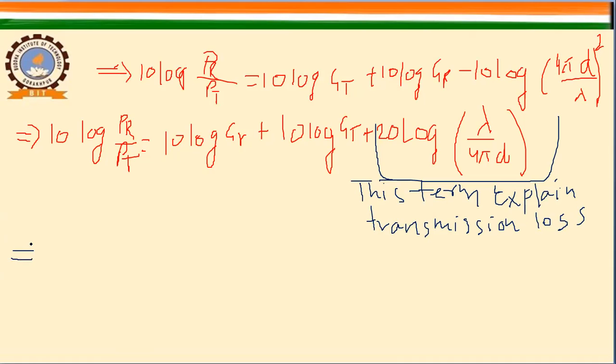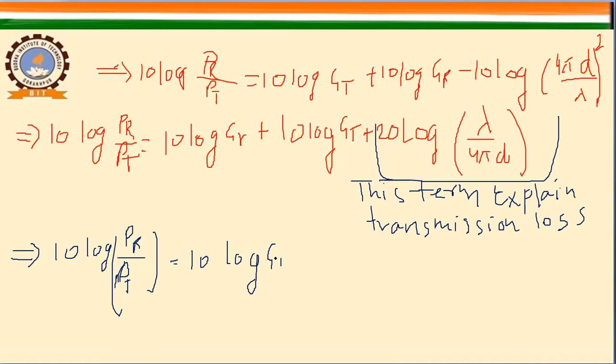So again we write 10 log of received power to the transmit power is equal to 10 log of transmit power plus 10 log of gain of transmitter and 10 log of gain of receiver, and it is shown by the minus path loss LS.